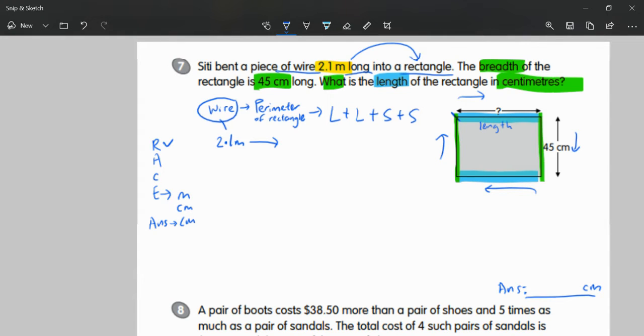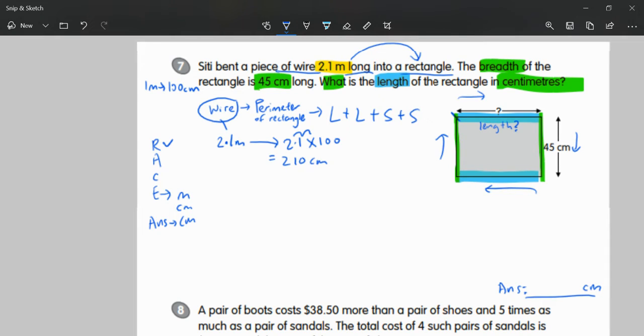So how do I convert? I know that 1 meter equals 100 centimeters. From the bigger unit to the smaller unit, I multiply. So multiply 2.1 by 100, and I get 210 centimeters.